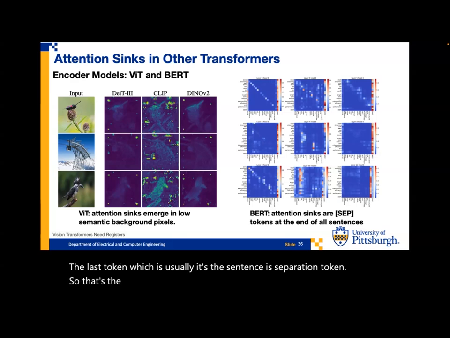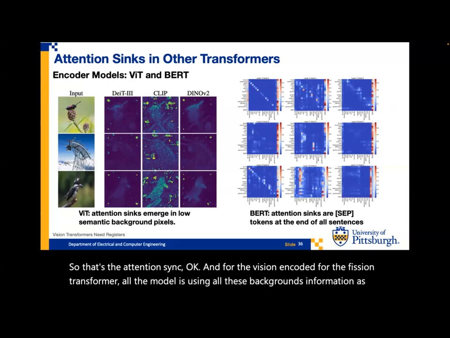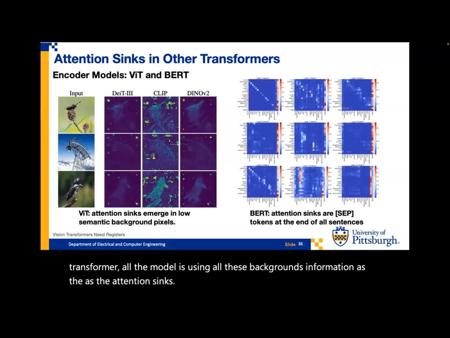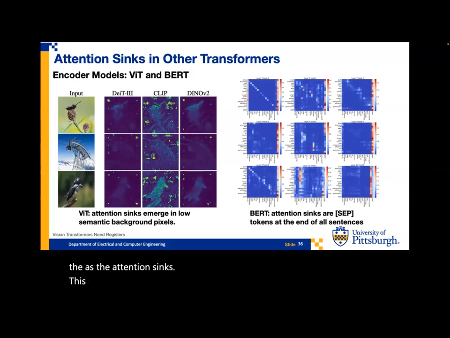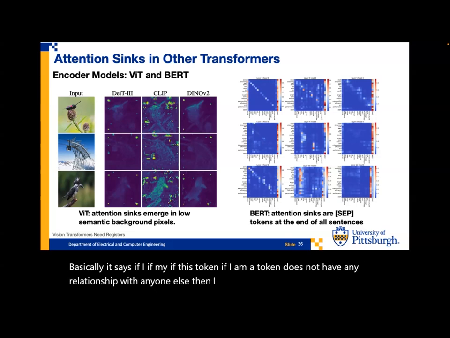Okay, and for the vision transformer, the model is using all this background information as the attention sinks. This is actually easy to understand. Basically, an attention sink says, if I am a token that does not have any relationship with anyone else, then I just need to dump my attention somewhere because of softmax.